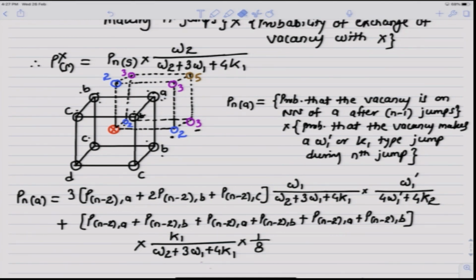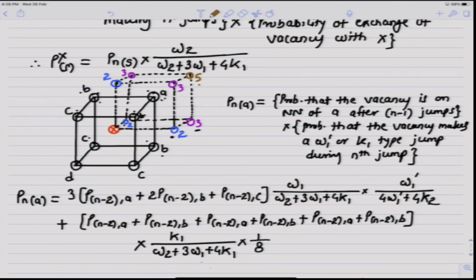Now, there is one more nearest neighbor of A, which is type 5 or the fifth nearest neighbor of X. Now, for the vacancy to be at type 5 after n minus 1 jump, it should have been on A only after n minus 2 jump, because that is the only nearest neighbor of type 5 which lies in the first or second coordination shell of X. Any other vacancy would have been a lost vacancy, and so those will not be considered.